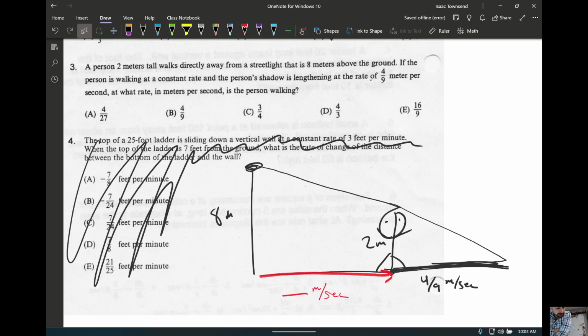Well, I want to say that would work, but I'm not 100% sure. That would be 16/9. Is the answer E? The answer is not E, so no, not that. I feel like I'm missing a piece of information in here.